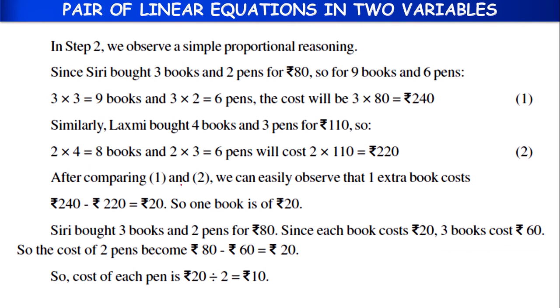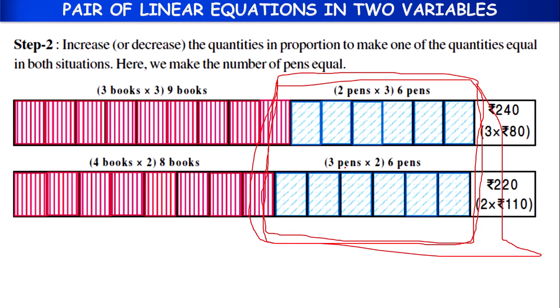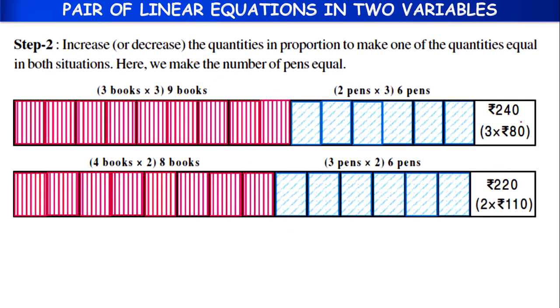Now if we compare these two situations, the 6 pens and 6 pens cancel. Here 9 books are there, here 8 books are there, so the 8 books cancel.